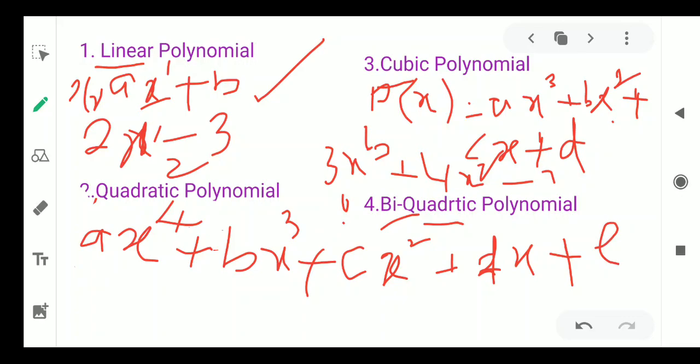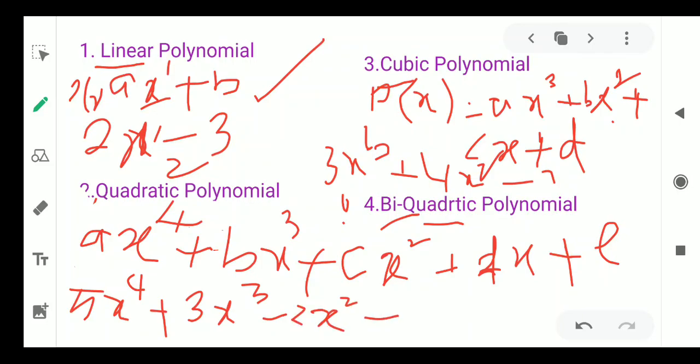You can write any example. What will we write? 5x power 4 plus 3x cube minus 2x square plus x minus 1, like this. The plus and minus you have to write on your own. But this plus and minus will divide the polynomial into different numbers of terms.